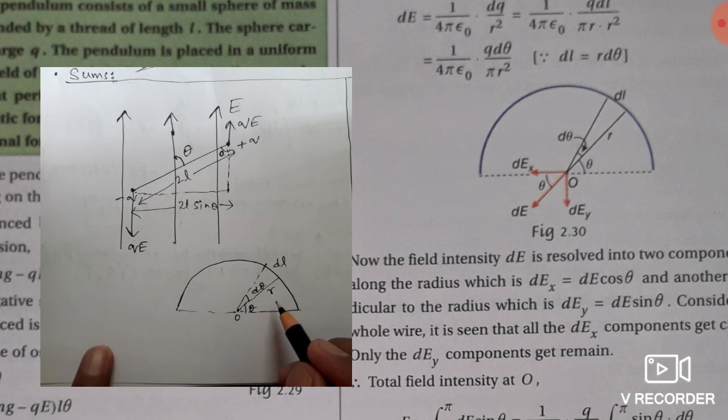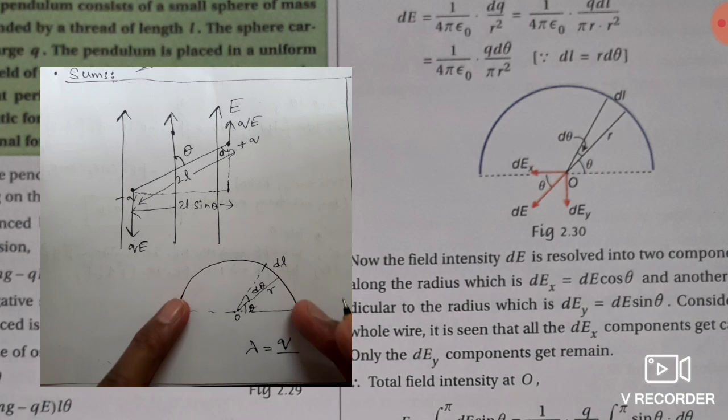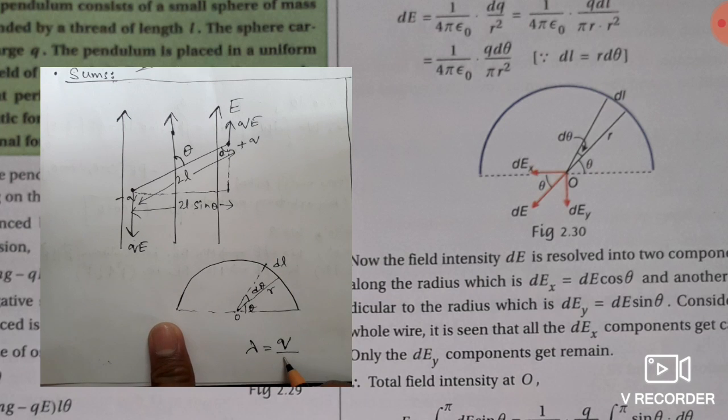So this is the semicircular arc having linear charge density lambda. Let the charge on the arc be q, as already given in the question. So lambda is equal to q by the length, which is charge per unit length. The length of the total circle is 2 pi r, so for a semicircle it will be 2 pi r by 2, that means pi r.